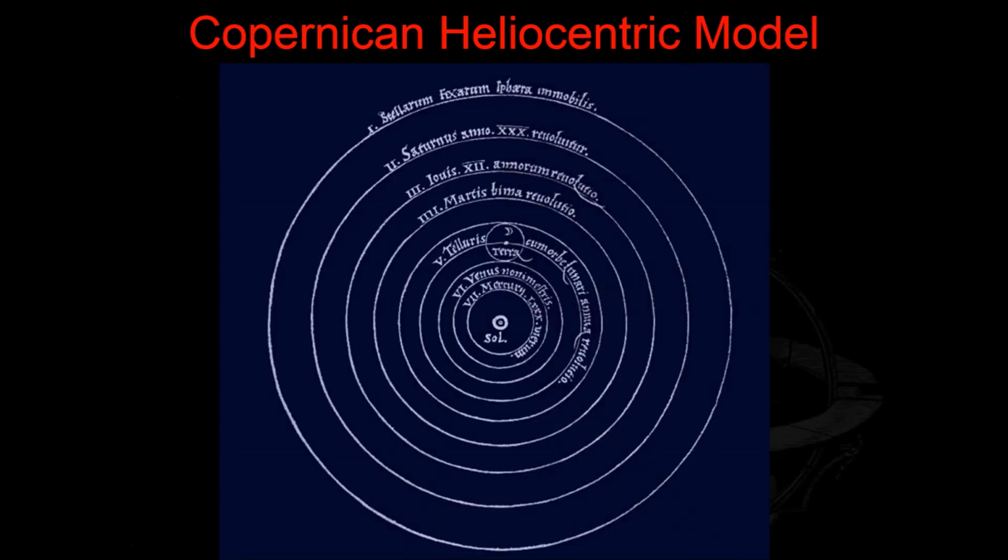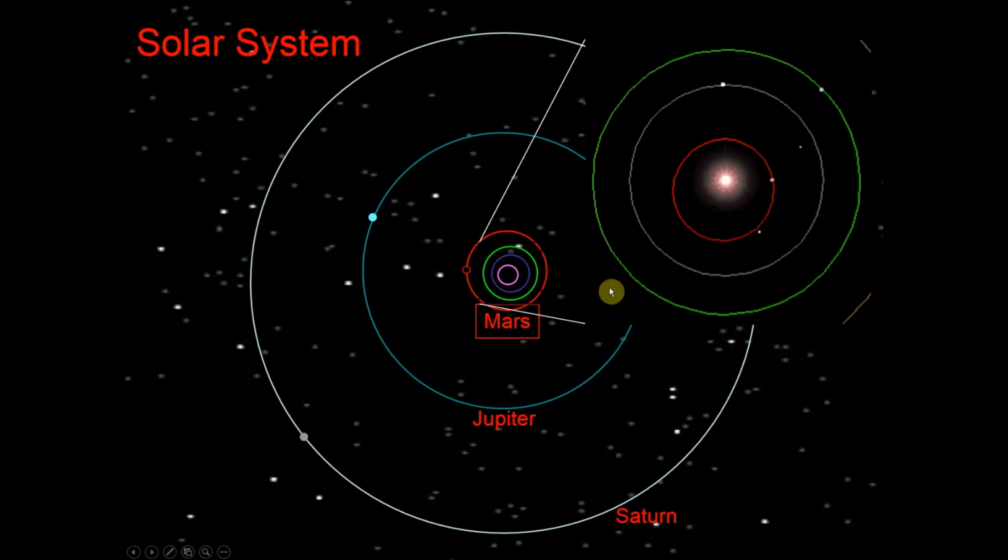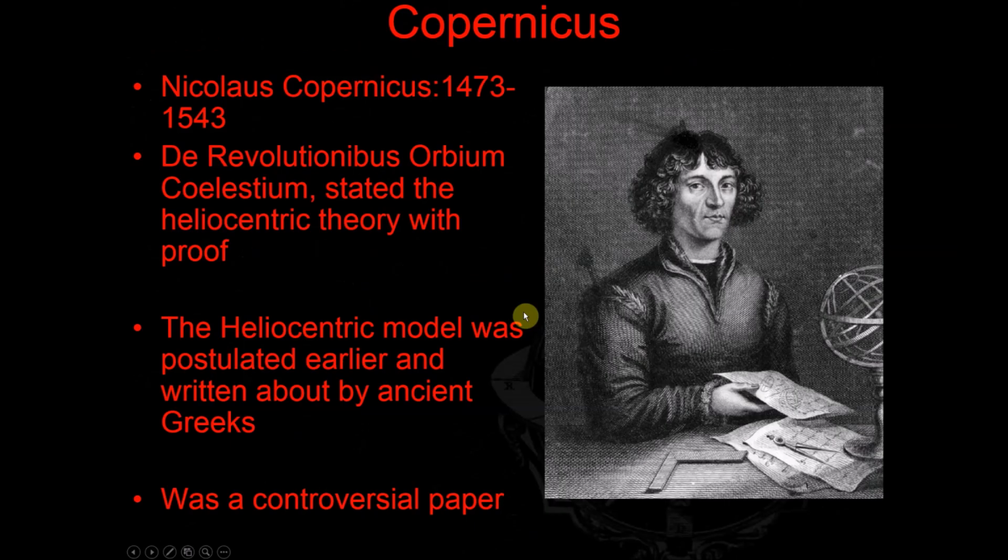And here's one of Copernicus's original drawings from his treatise on the heliocentric model that caused so much consternation. So here's our system. Here are all of the terrestrial planets down here in this ring, Mars, Jupiter, Saturn, all in orbits moving outwards from the Sun, and all just going around the Sun. So Copernicus, as I said, did not come up with this idea wholesale, but was actually a champion of this idea.